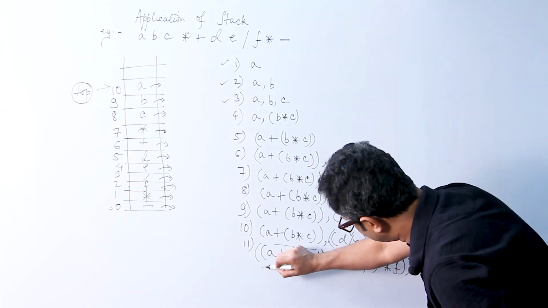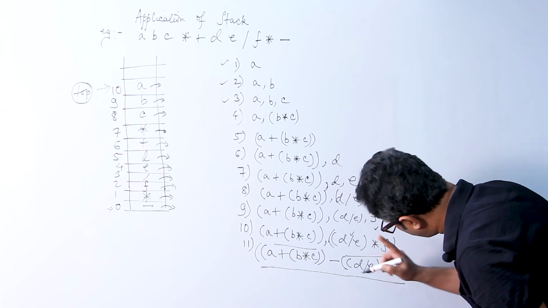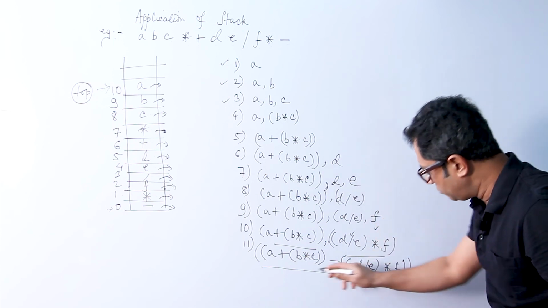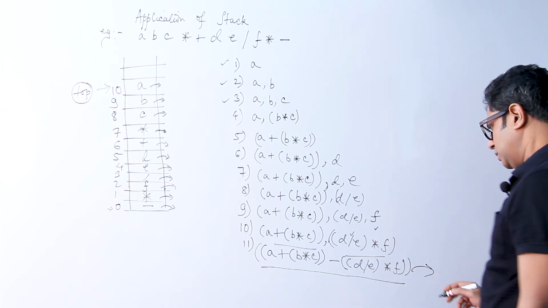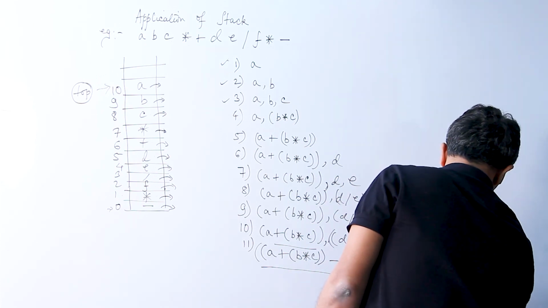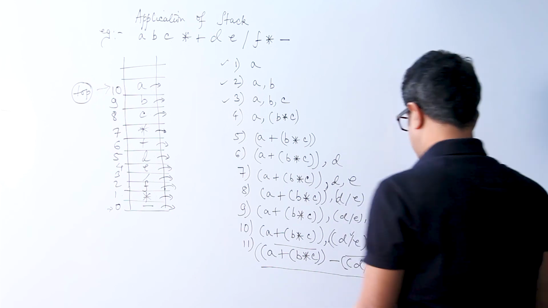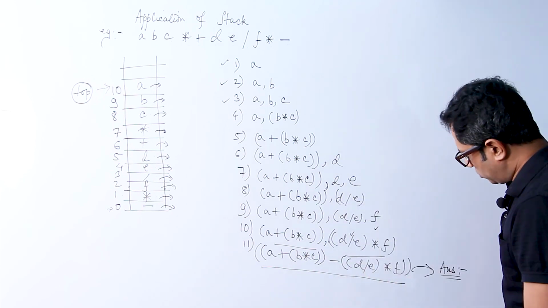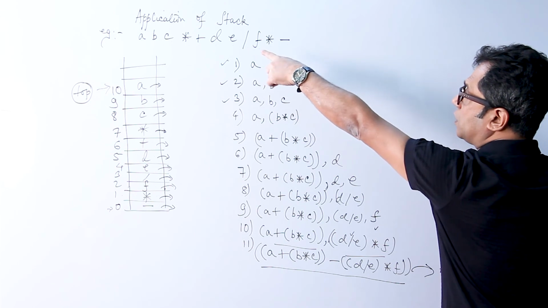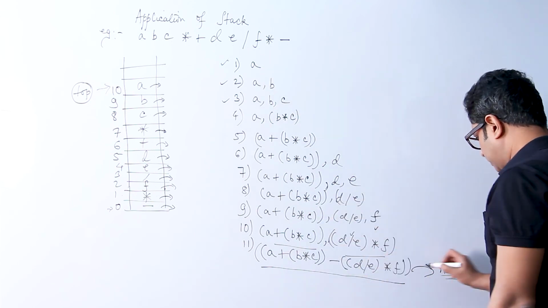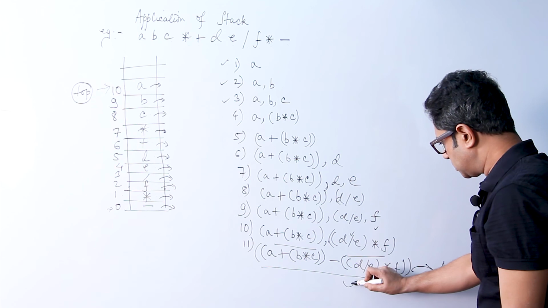So this expression becomes a single expression. There is only one element on the stack, and if you pop this element from the stack, you will get the result we were trying to find, that is the infix form of the above postfix expression.